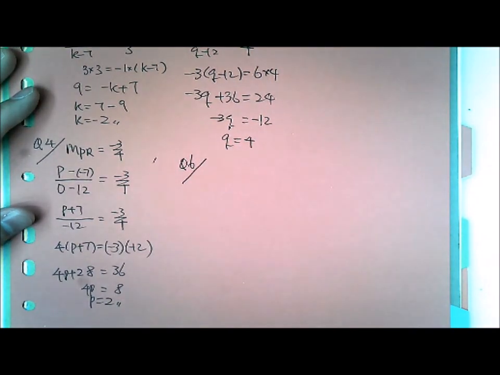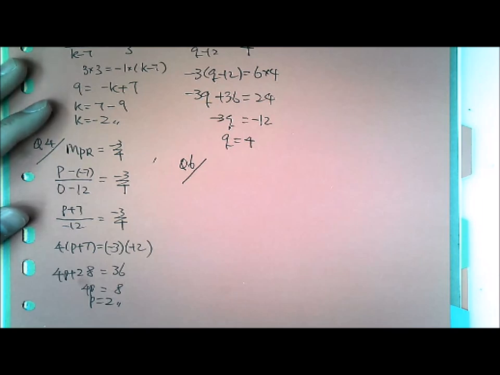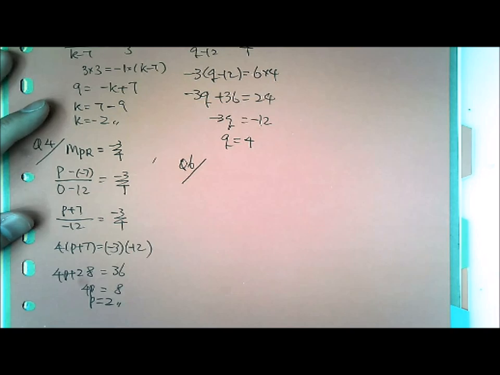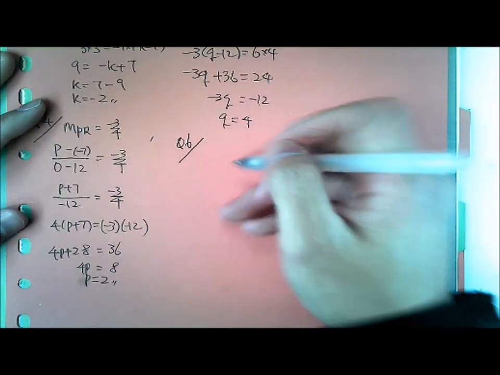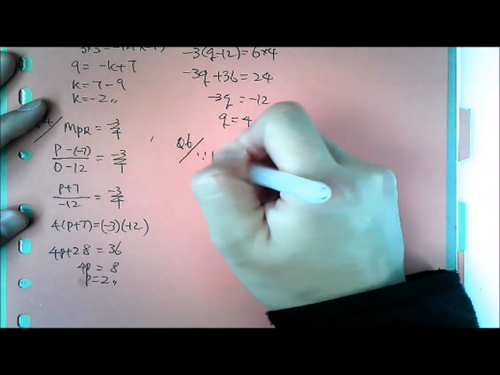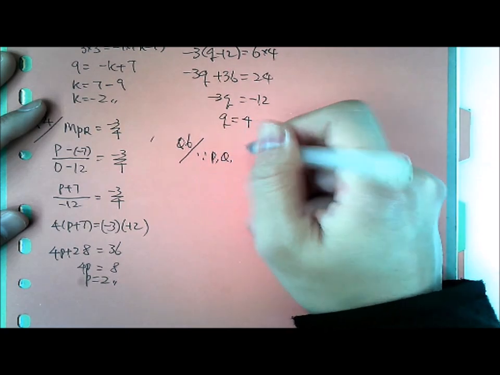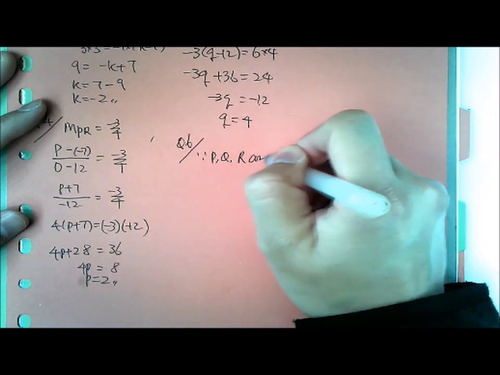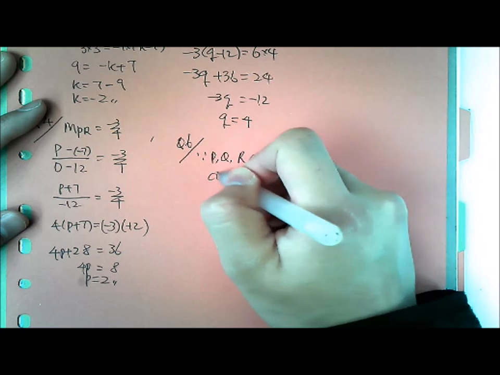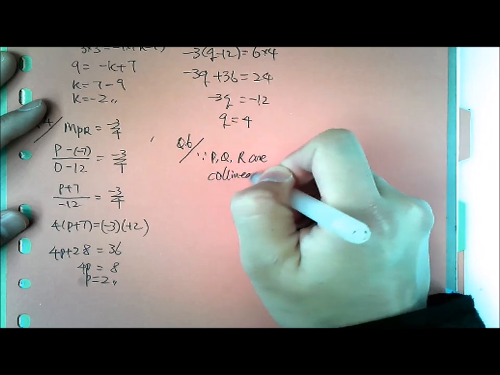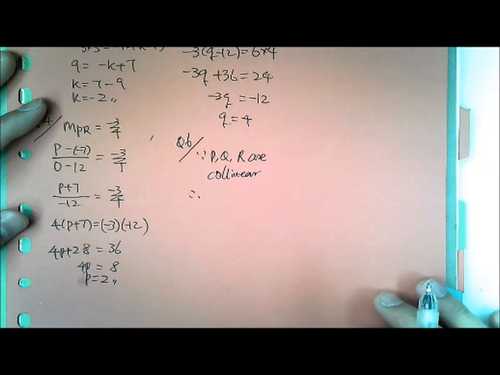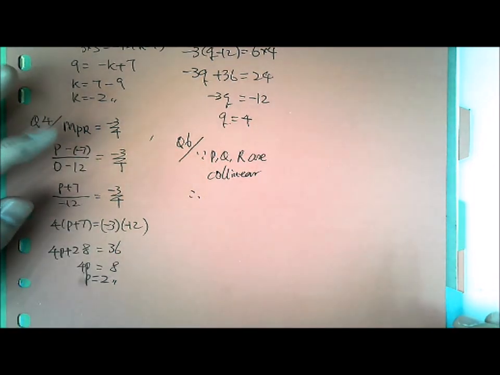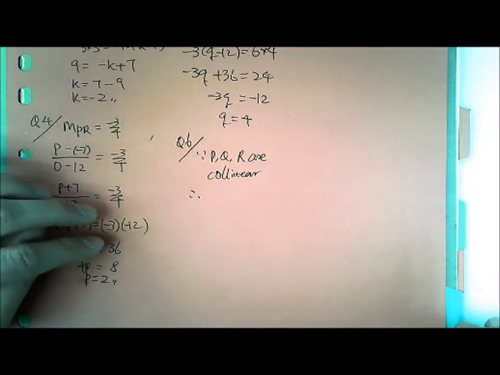Just read the words first. Find the value of K such that P, Q, R, these 3 points, are collinear. Understand? So how to do? You can write: because P, Q, R are collinear, you can choose any 2 slopes, right? But look at the points, look at the coordinates.